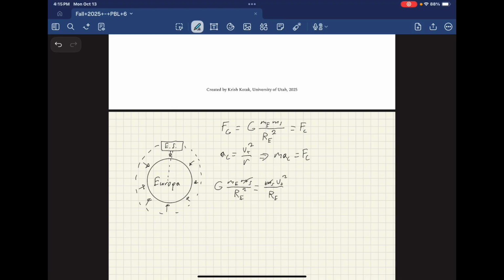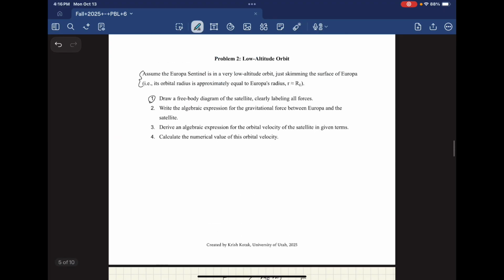We can cancel the mass of the satellite, and we can cancel one of the radiuses. And then of course we can take the square root of both sides, because we're looking for just the velocity. So tangential velocity is then equal to the square root of G times the mass of Europa divided by the radius of Europa.